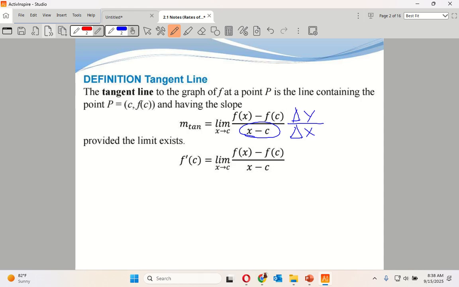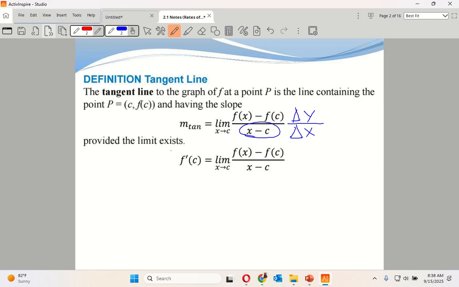It's the change in y over the change in x. And I want that distance for my x to be 0. But I can't have 0 in the denominator because that would be undefined. That's why we're finding the limit. So I'm finding the slope at a singular point.